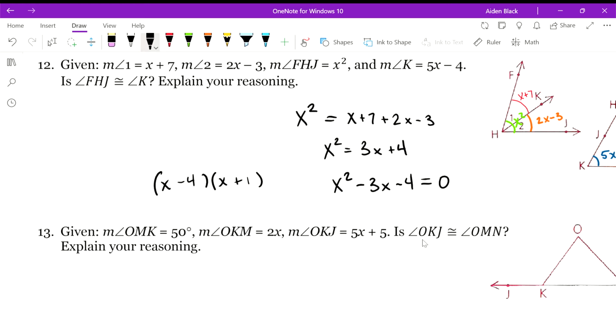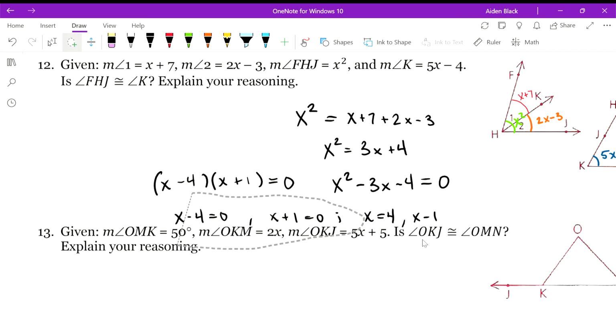So, this is the factored form of this quadratic right here. And what that means is, anytime this binomial equals 0, the whole equation equals 0. And anytime this equals 0, then the whole equation equals 0. So this one's pretty easy to solve, right? Our solutions are x equals +4 and x equals -1.